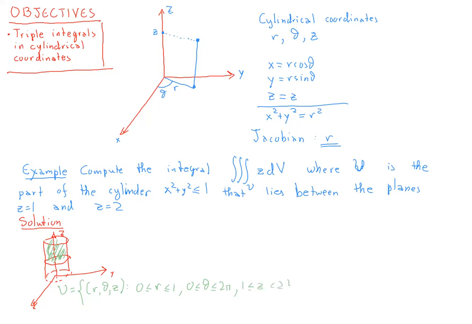So we get a very nice domain, and the computation now can proceed as follows. We will take our triple integral, and we first take care of the domain, so that's step 1. So we will go 0 to 1 dr, 0 to 2 pi d theta, and 1 to 2 dz.